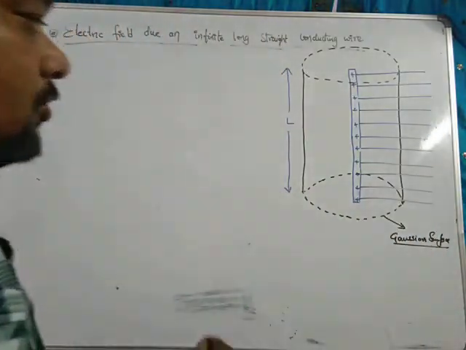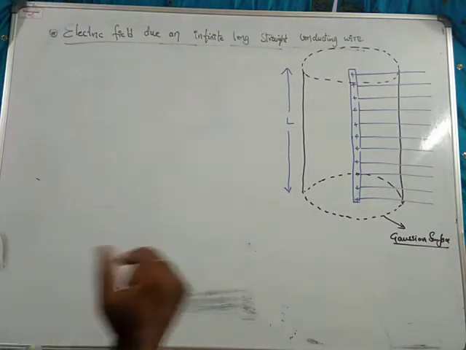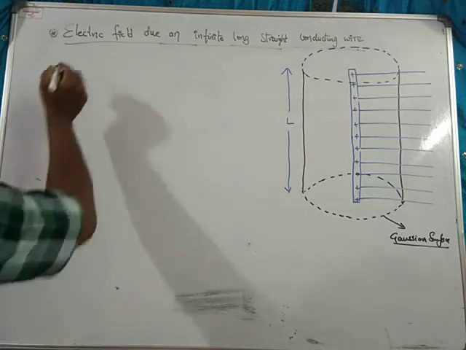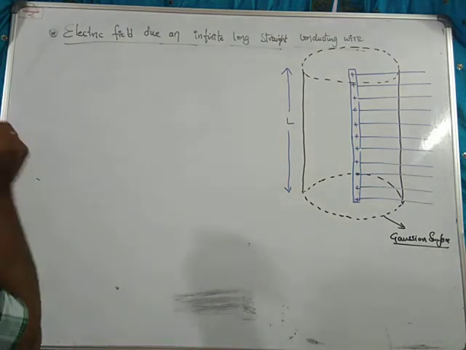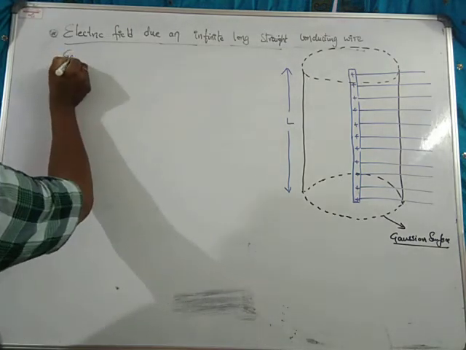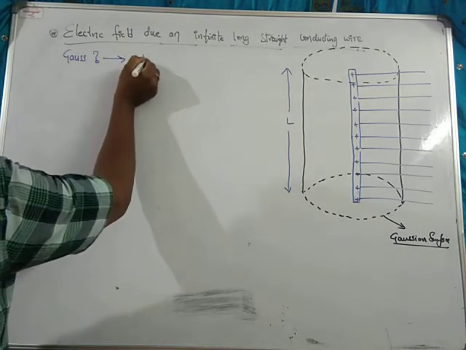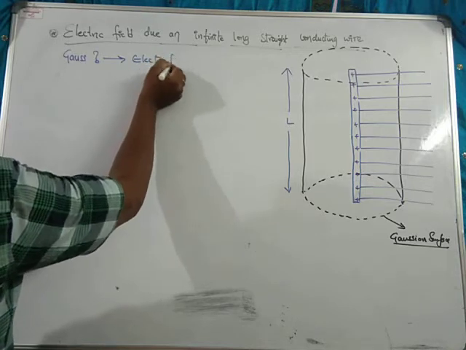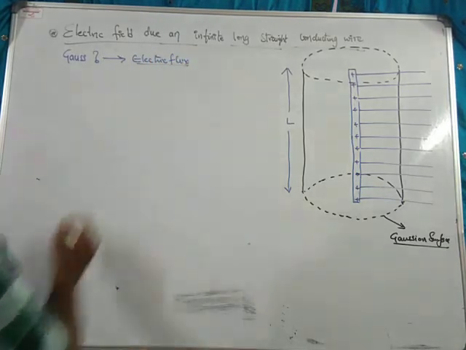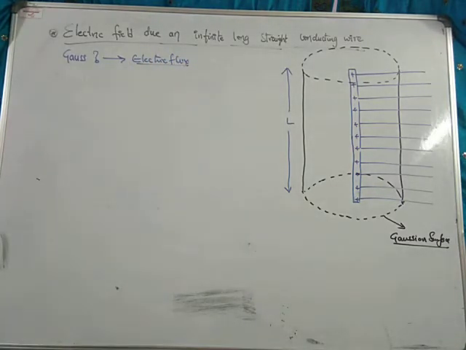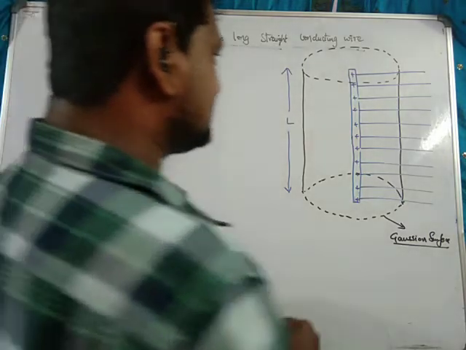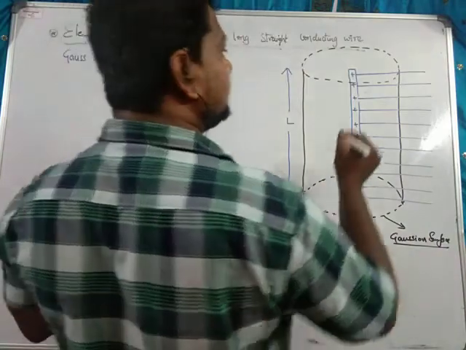To apply Gauss theorem, we want to define the flux, so we have to know about electric flux. Electric flux means the number of field lines passing through the given surface area. For this we are considering three surfaces.